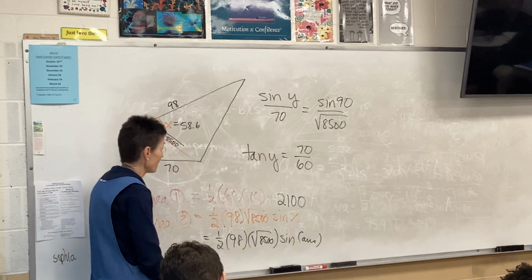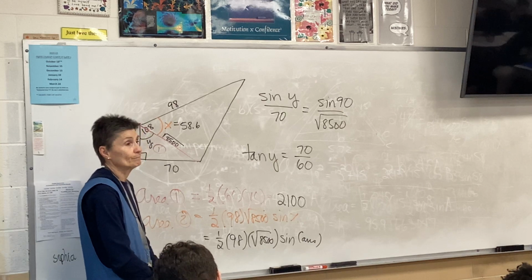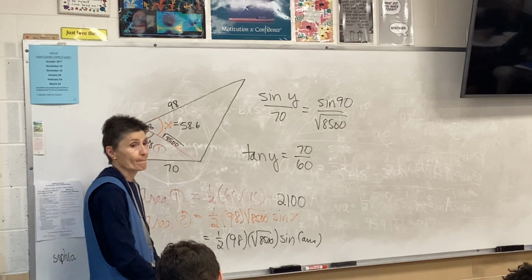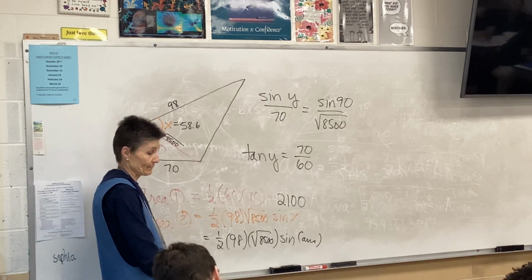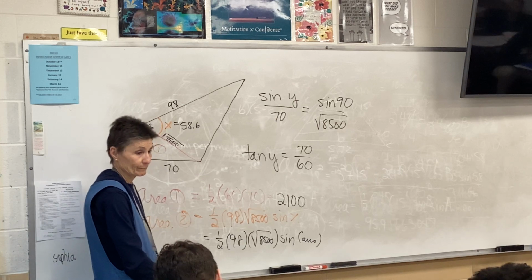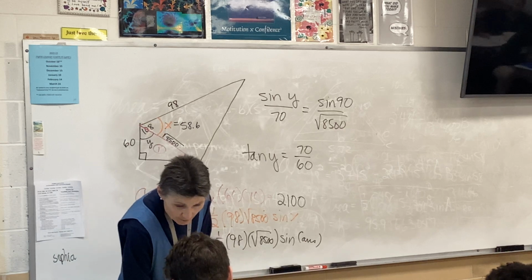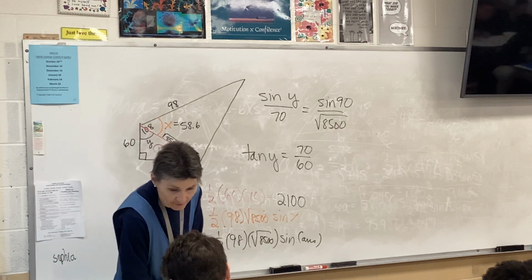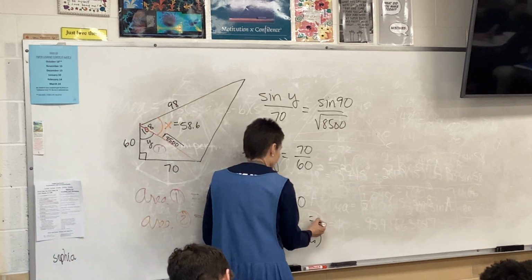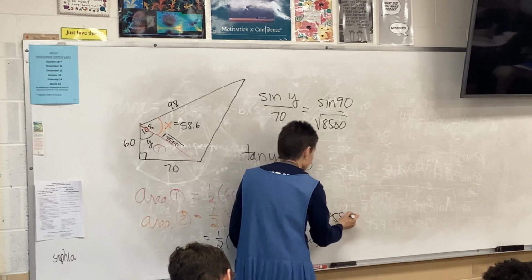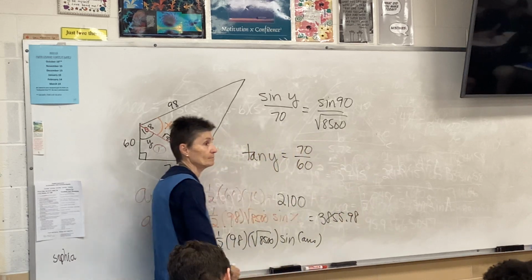What did you get for the area of triangle 2? 3, 8, 5, 5, 9, 8. Is that what everybody got?